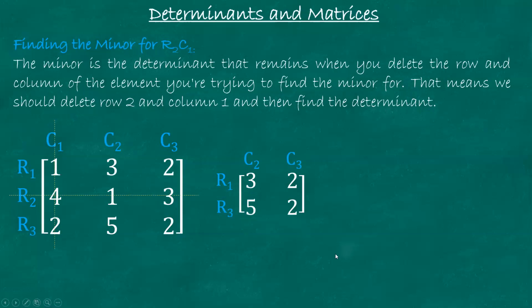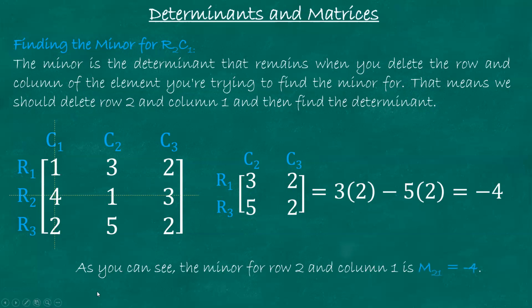Kuha na yung mga determinant. 3 times 2, minus the other diagonal, dayan, negative 4. Therefore, the minor of row 2, column 1 is negative 4. Yun na pagkuha sa minor.